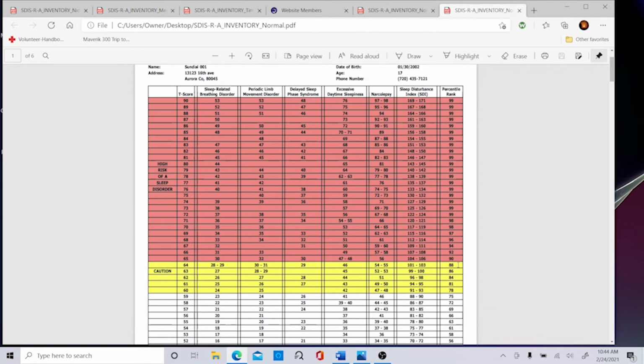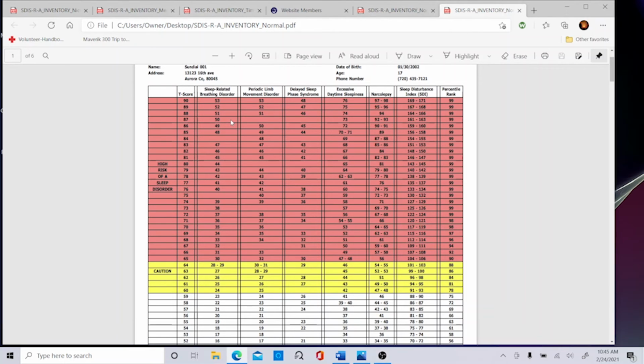If you're getting a percentile rank of 88 here at the top of the yellow, then that is an indicator that that child's sleep problem, let's say if it were in the area of a sleep-related breathing disorder and it was an 88, that child has more severe sleep breathing problems than 88% of peers his age.